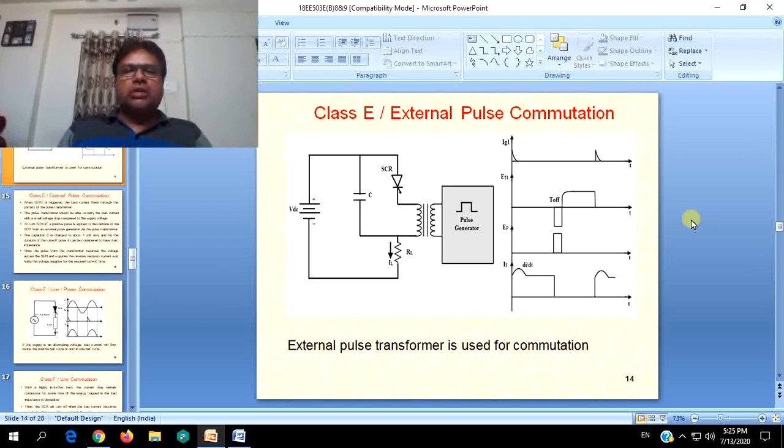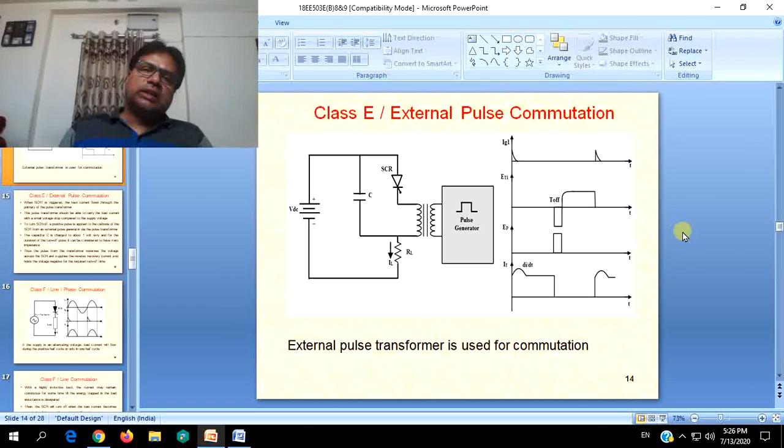And all these class A, B, C, D and E commutations are for DC circuits where you don't have any natural zero. You have to forcefully turn off the main SCR. That is why these are called forced commutations. According to our classification, this is the broad classification, a bigger classification.